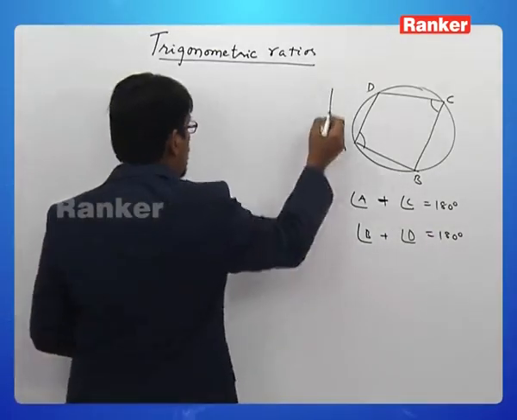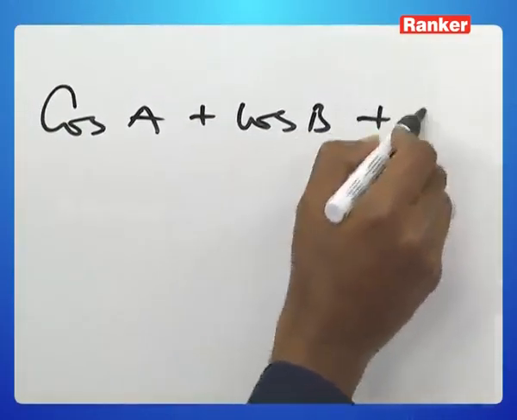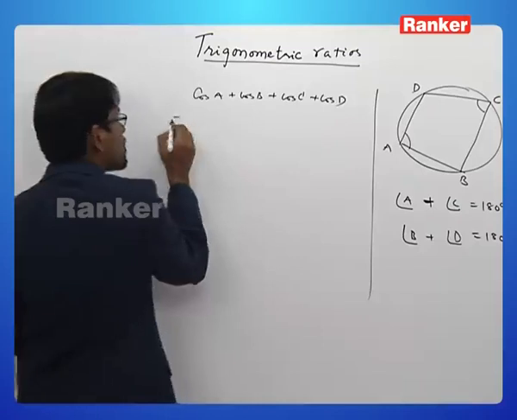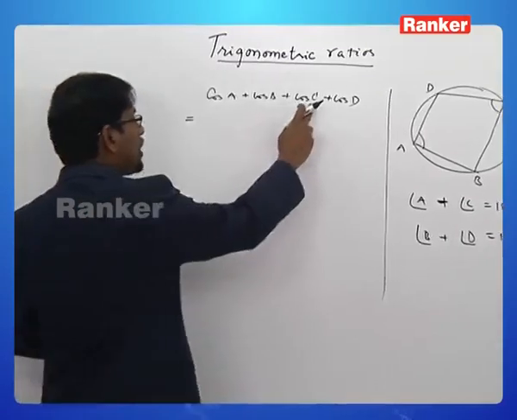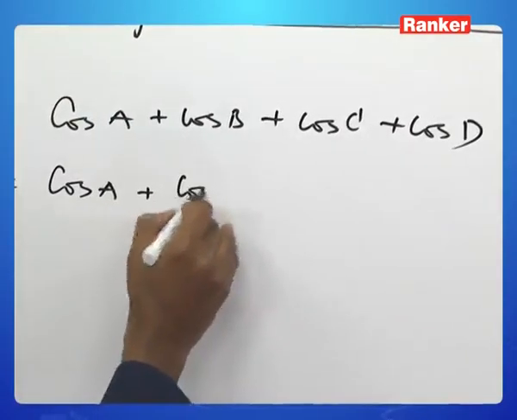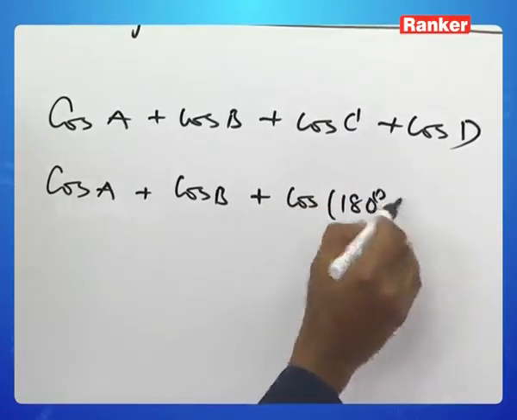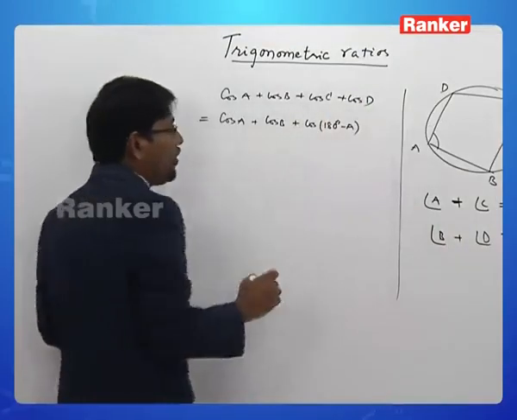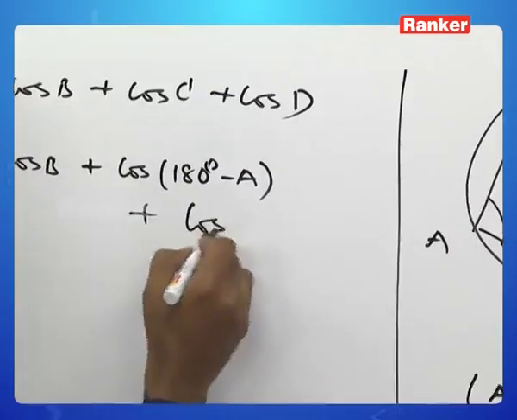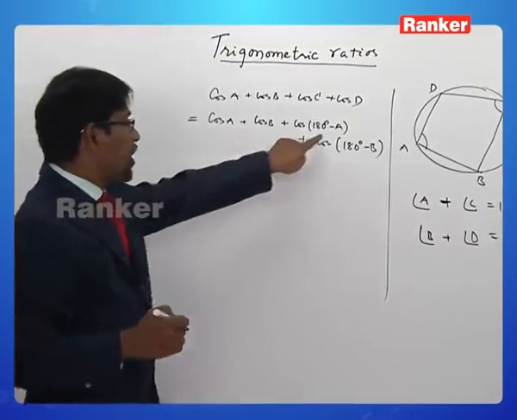So when it comes to cos A plus cos B plus cos C plus cos D, what can you say about this? C can be written as 180 minus A. So cos A plus cos B plus cos of 180 minus A, and this D we can write as 180 minus B, so cos of 180 minus B. What do you know about cos of 180 minus A?